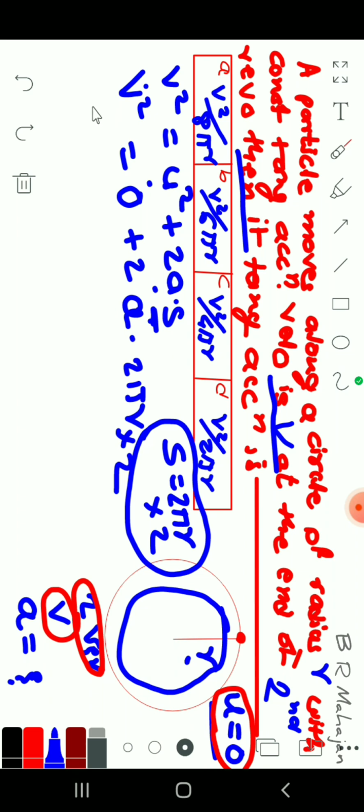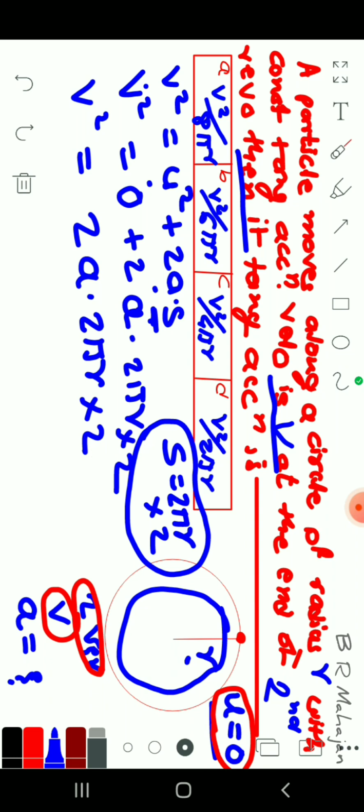Now let me summarize it. v square is equal to 0 plus 2 into a into twice pi r into 2. So what will be the value of a now? Let me calculate the value of a here.